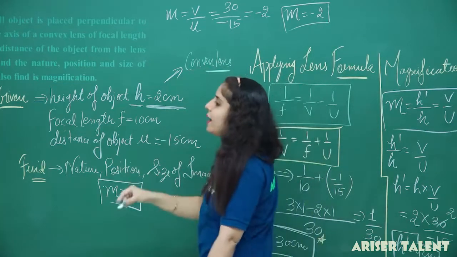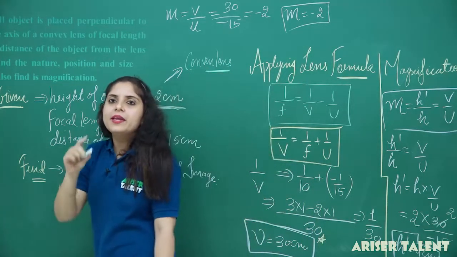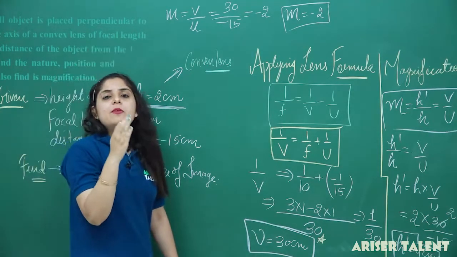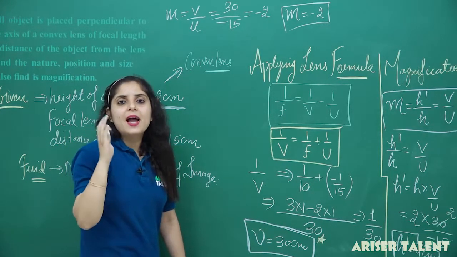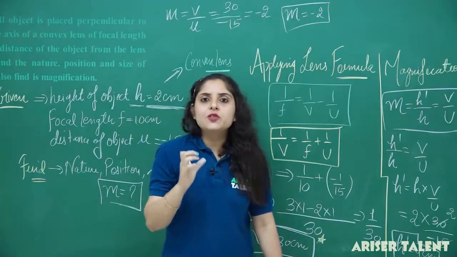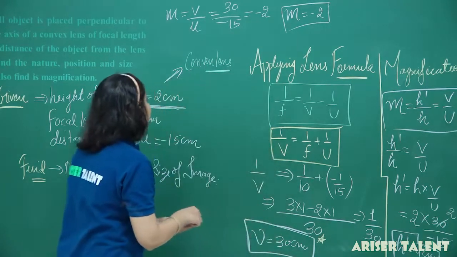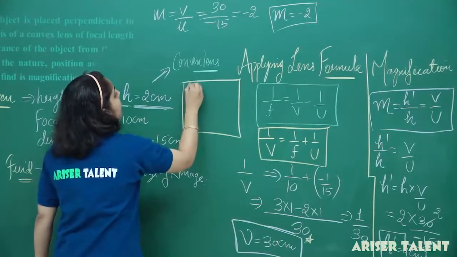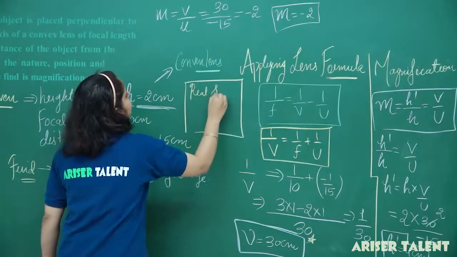So, I can see that the image formed will be real and inverted. And where will the image be formed? The image will be formed below the principal axis, and you will get the enlarged view of the object. So, what things we have calculated from here? That image will be real and inverted.